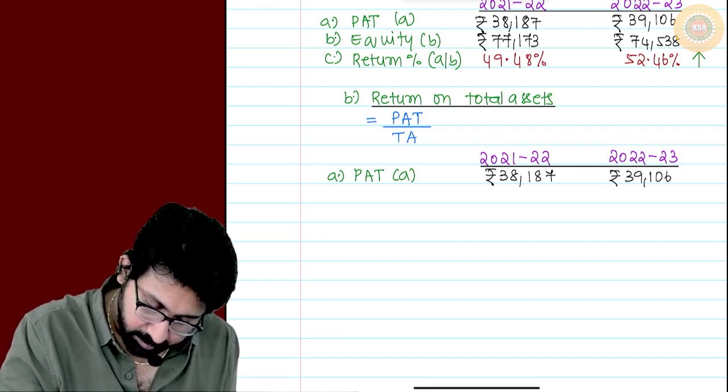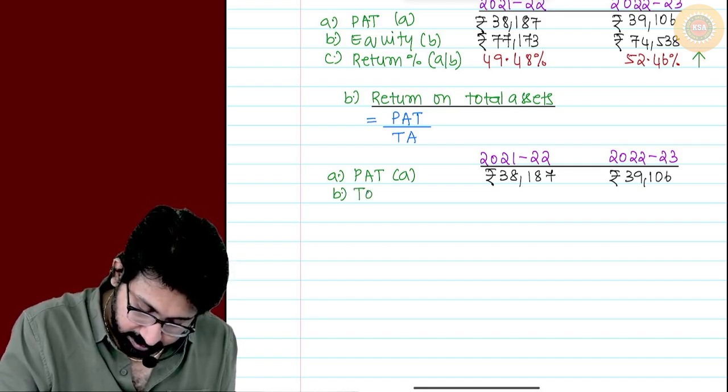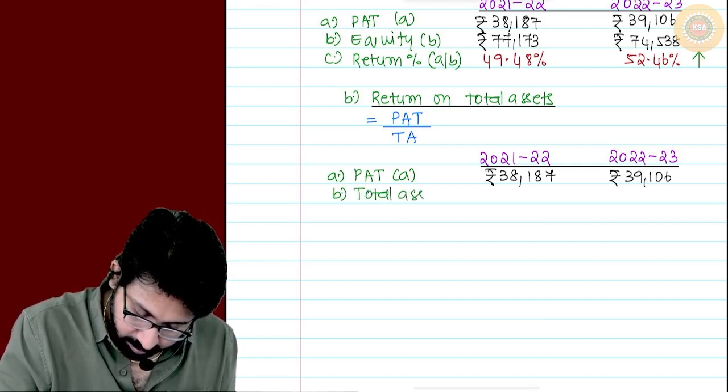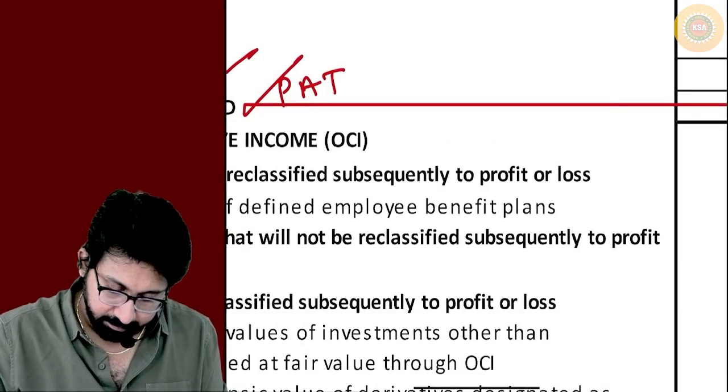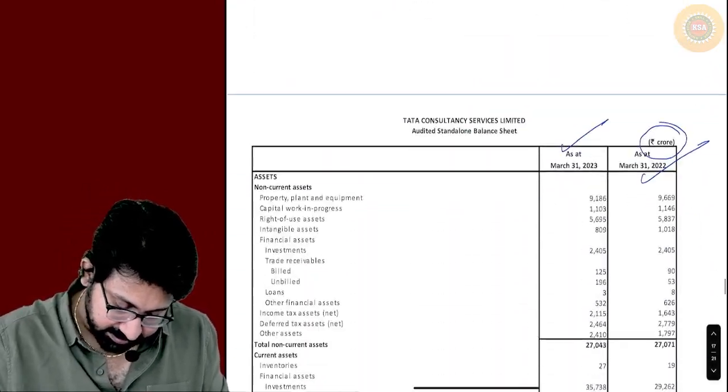Next, B, total assets. See here, total assets.